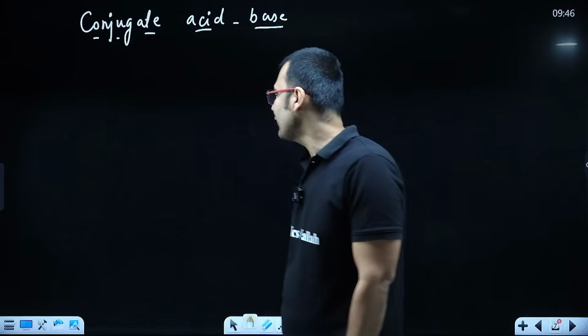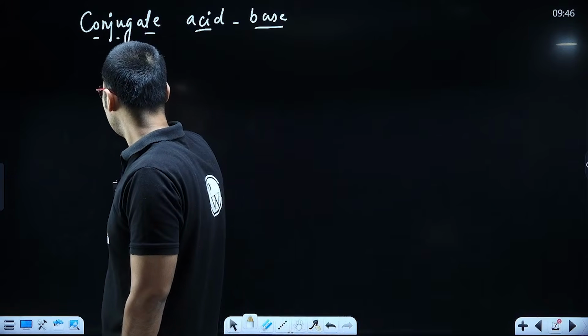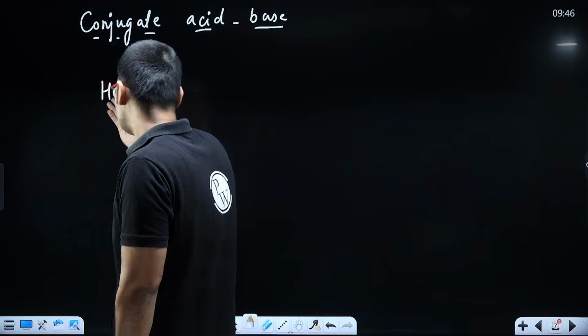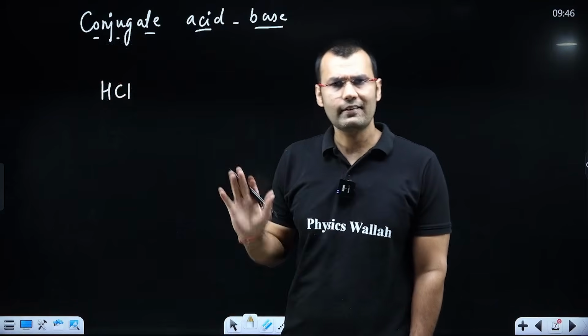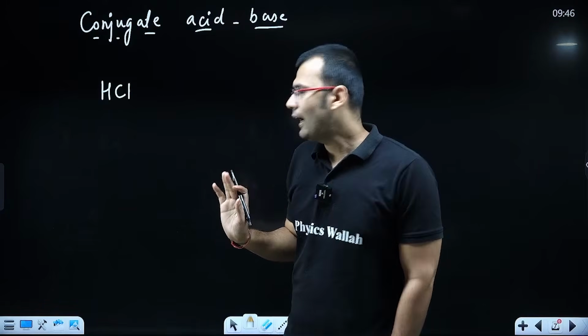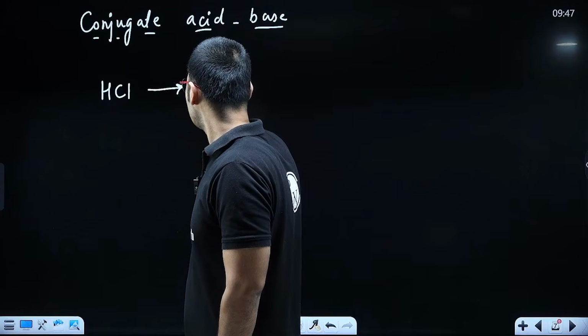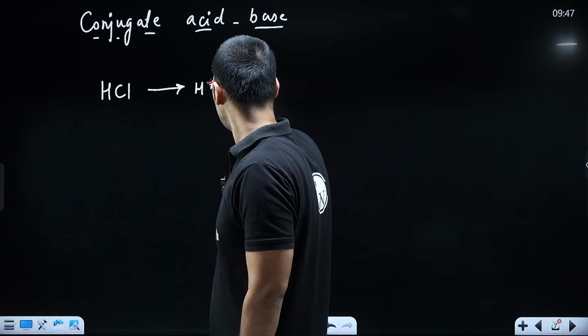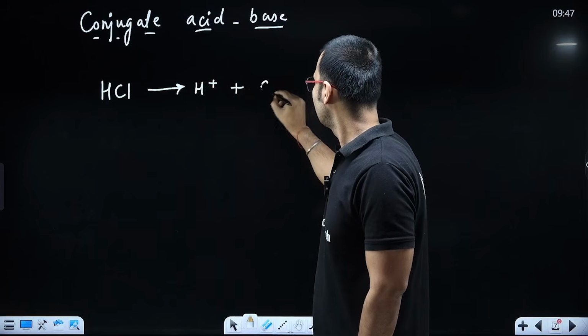Let me tell you that with an example. Suppose I take HCl. Clearly HCl is an acid according to Bronsted, and it can donate H plus ion to form H plus and Cl minus.